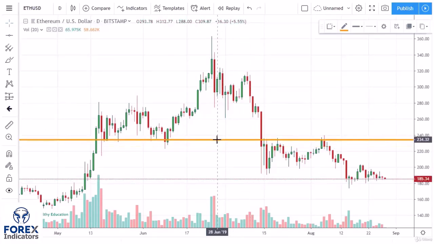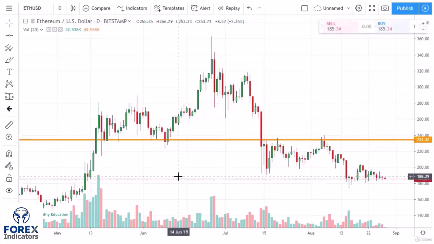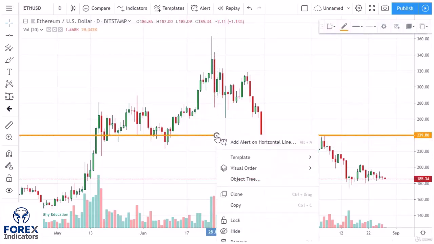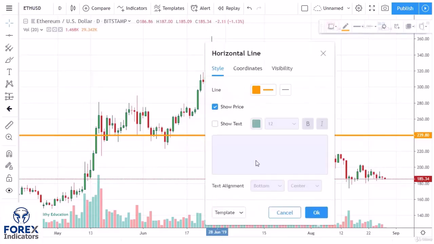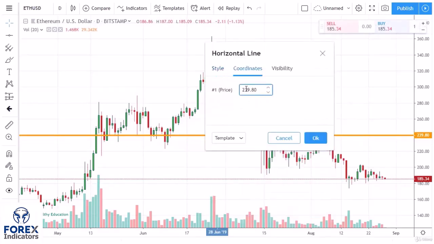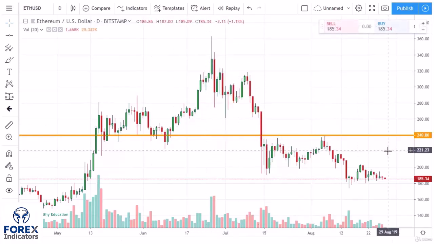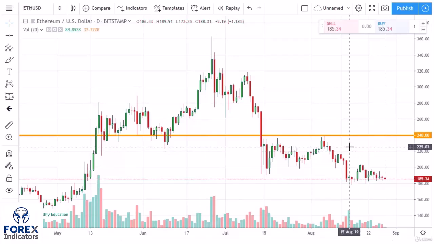You can drag from the oval here, and this brings up something a bit interesting. So, as you can see, I can right-click this and go down to the settings, the coordinates. I can make it 240 even, and most of the time you will find that price tends to respect these round numbers, like I said.